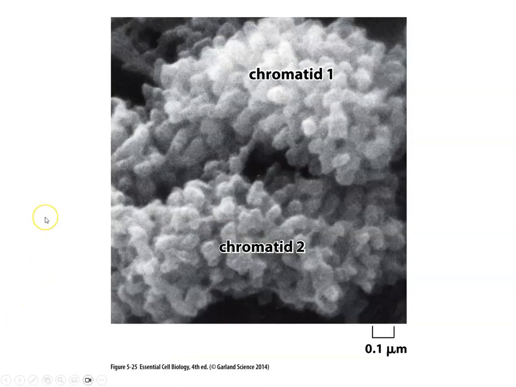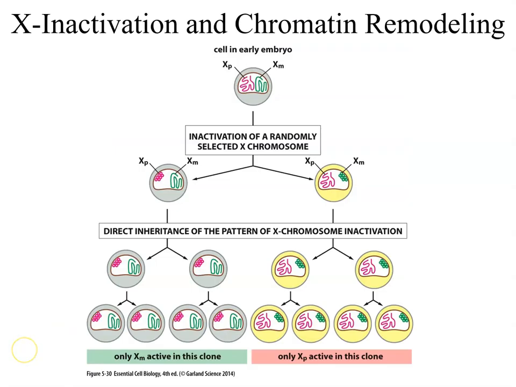Here is a scanning electron micrograph of a DNA chromatid 1, chromatid 2, two different sections of a piece of a chromosome. So here's another example of changing the DNA structure and how it can really change gene expression. Typically, we know women have two X chromosomes, men have an X and a Y. And we also talked about trisomy, right?